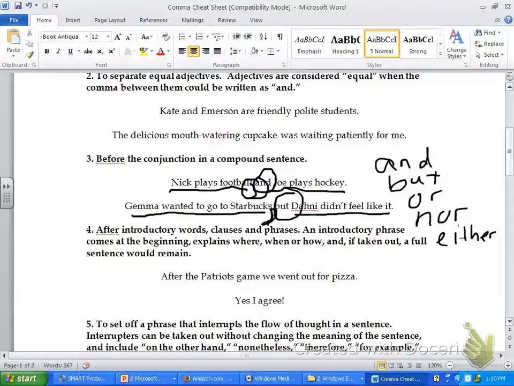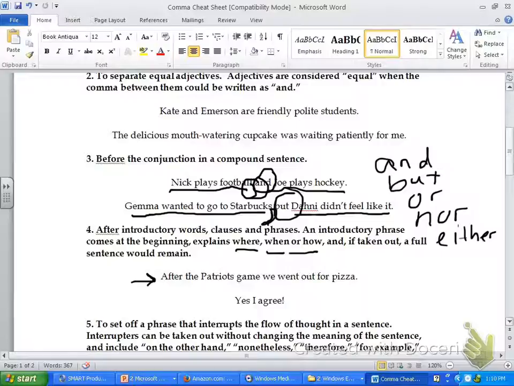Rule number 4 is that we need a comma after introductory words, clauses, and phrases. Okay? So an introductory phrase comes at the beginning and might explain where, when, how, and if taken out, a full sentence would remain. So let's look at this one. After the Patriots game, we went out for pizza.